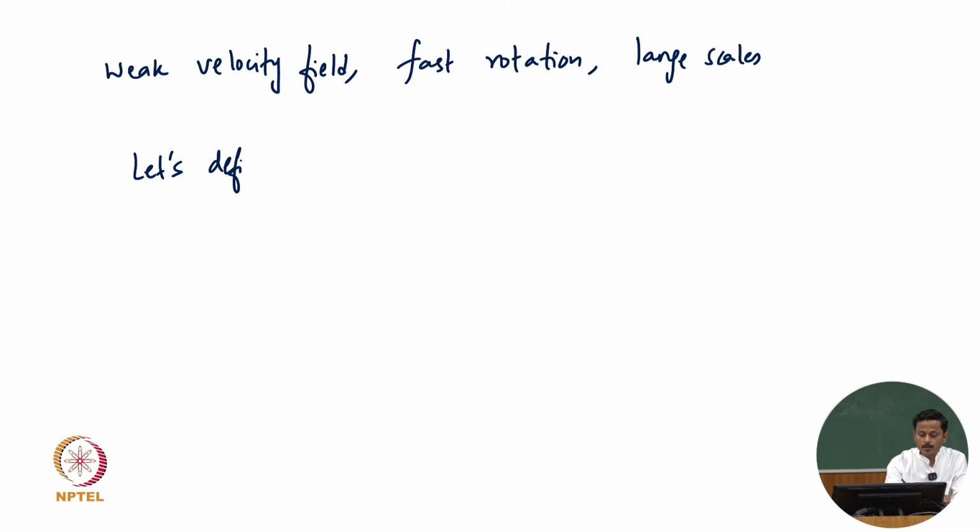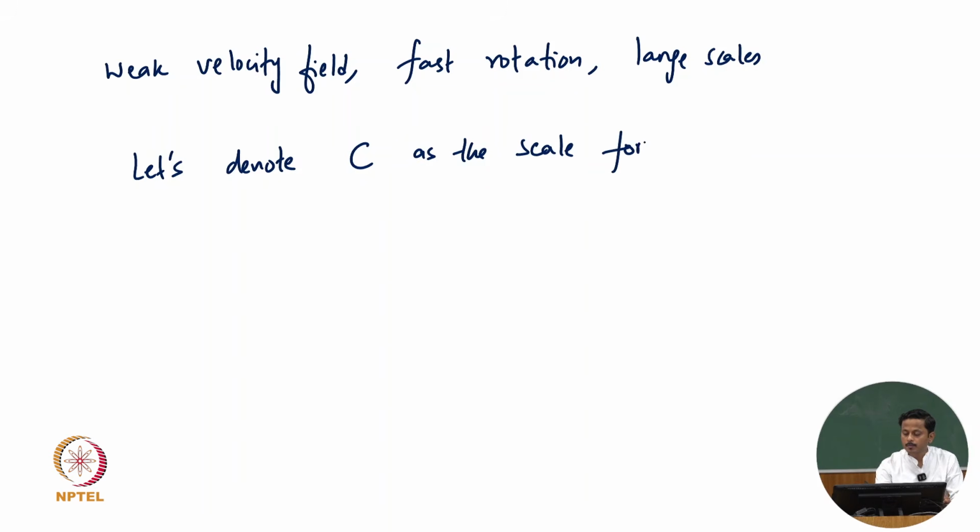Let's denote C as the scale for the wave speed. Here we are taking it as the capital C, just a variable for us to keep track of.